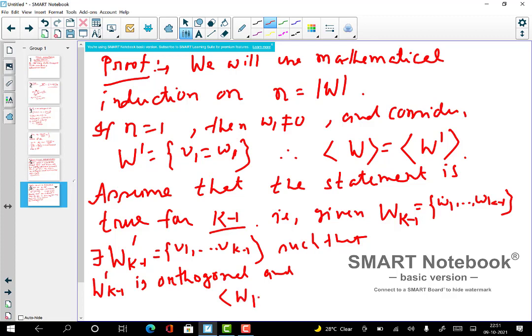So span of W k minus 1 and span of W dash are the same. Okay. So this is true for k, and then we will do it for k plus 1. Okay. So what will we do?